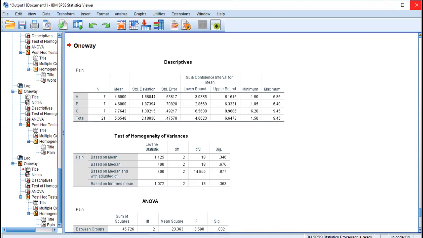There is no difference in pain level for patients being given drug A and B. So that is the answer for our exercise 8 question 1.